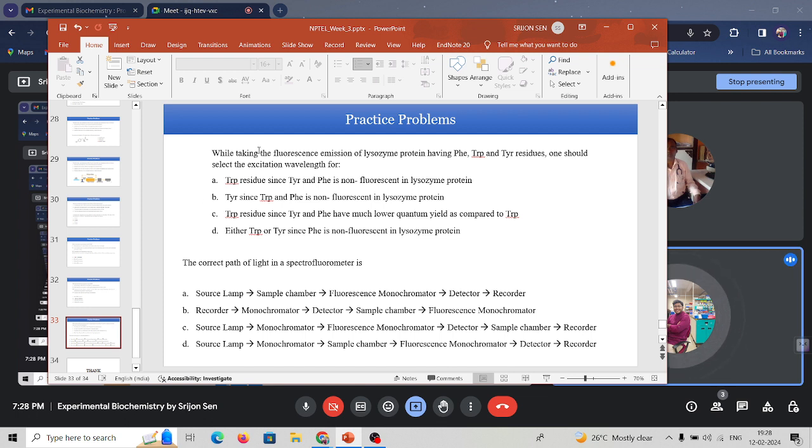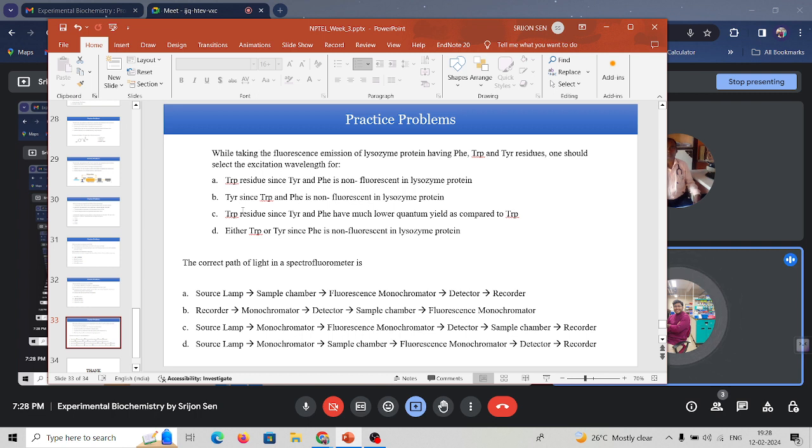While taking the fluorescence emission of lysozyme protein having phenylalanine, tyrosine, and tryptophan residues, one should select the excitation wavelength for: tryptophan residue, since tyrosine and phenylalanine are non-fluorescent in lysozyme protein; tyrosine, since tryptophan and phenylalanine are non-fluorescent in lysozyme protein; tryptophan residue, since tyrosine and phenylalanine have much lower quantum yield as compared to tryptophan; and either tryptophan or tyrosine, since phenylalanine is non-fluorescent in lysozyme protein.